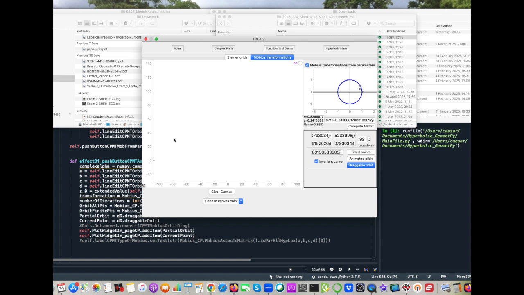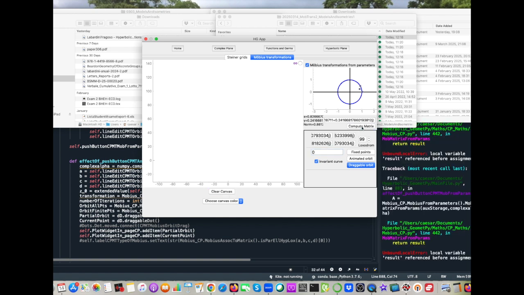And then I choose the 2 fixed points, and then again, let me start with 0. What did I do? Sorry. Yes, thank you. I deleted the fixed points. Okay, and now compute matrix. And now it should work.